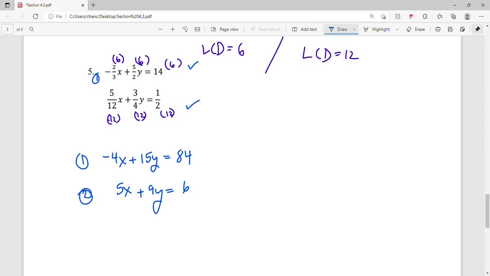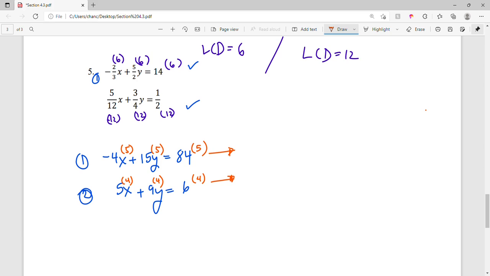And notice how we can eliminate the x by multiplying the top row by 5 and the bottom row by 4. The reason we're doing that is you'll notice that we get a negative 20x on the top and a positive 20x on the bottom, and that will eliminate the x variable.